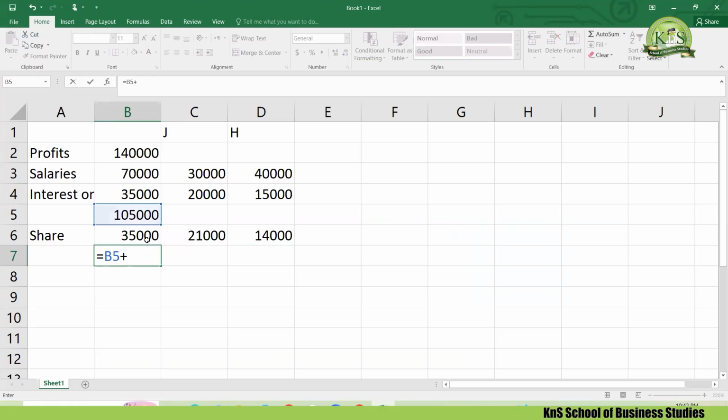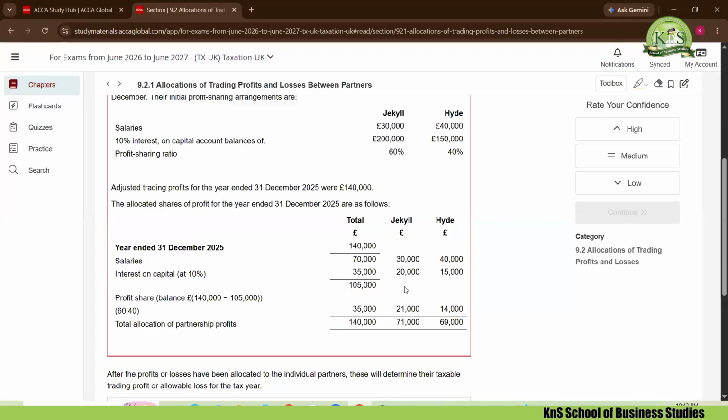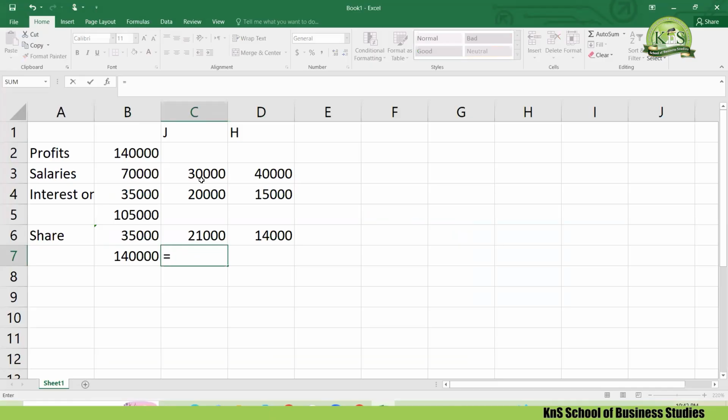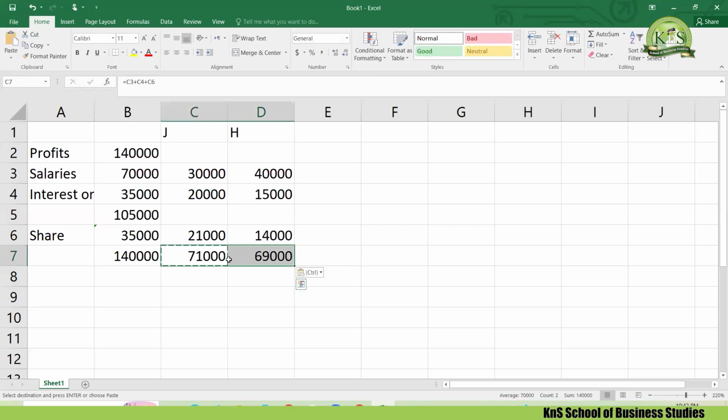So 140,000 is completely allocated. And what Jekyll would have is the salary, the interest, and now the profit share as well. This also becomes 140. So we have done it correctly.